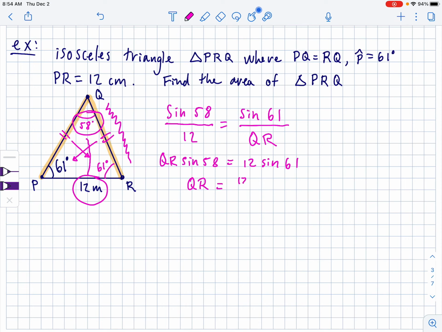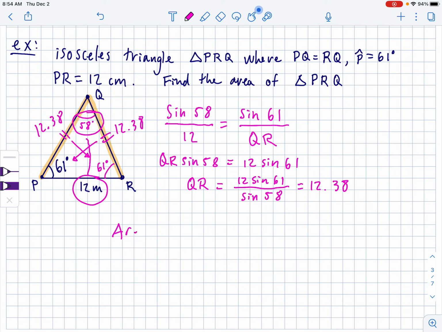So QR is equal to 12 sine 61 over sine 58. Crunch that real quick. So this equals 12.38. So what that means in our diagram is that this side is 12.38 and this side is 12.38.